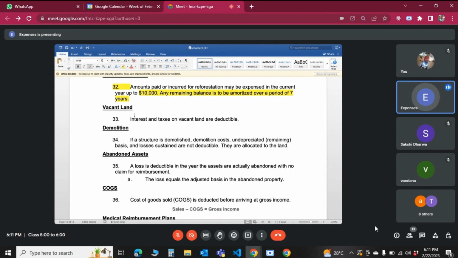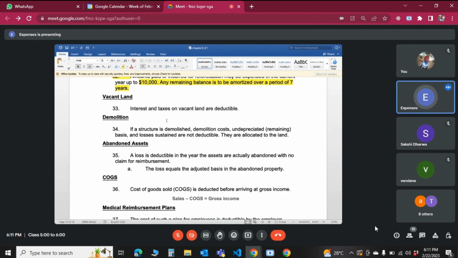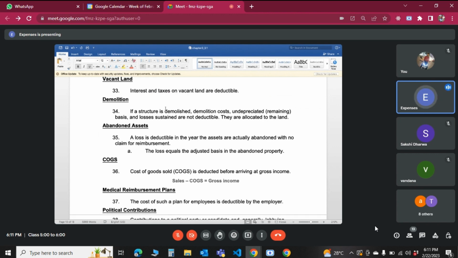Any vacant land, yes, interest and taxes on vacant land are deductible. Maybe you've got the land, but no activity has started, but we can still take a deduction. Any demolition cost, if a structure is demolished, typically those costs will be allocated to the land.